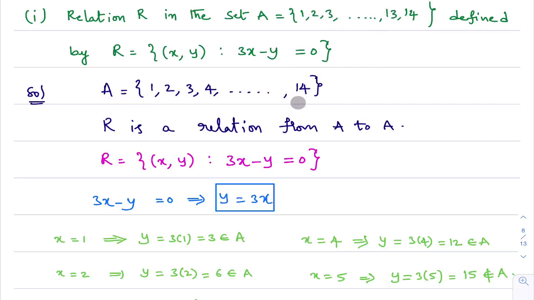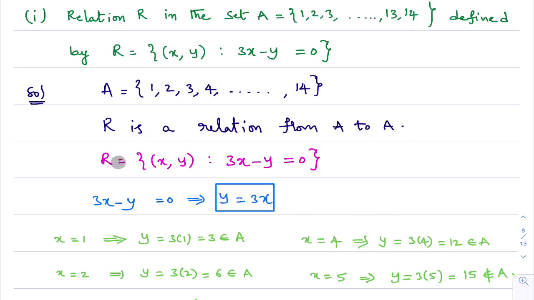Second step: this relation is from where to where? They gave relation R in the set A. R is a relation on set A means R is a relation from A to A. That is the second step, and it is important. Third, what is the given relation?